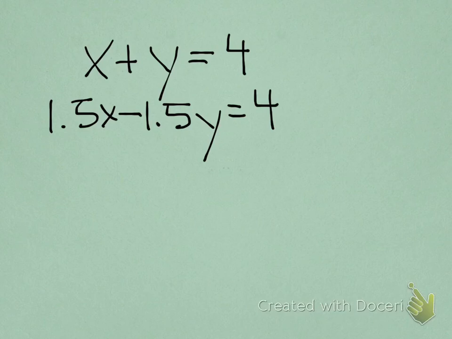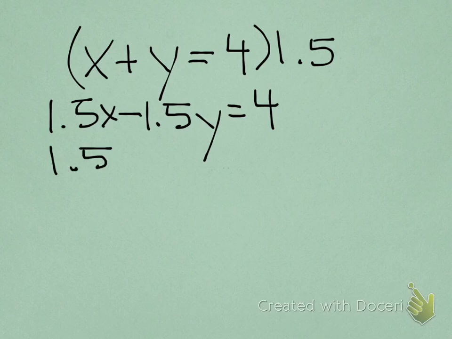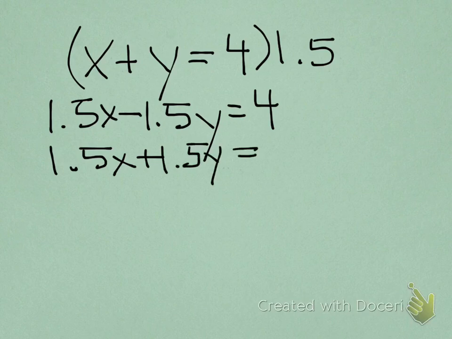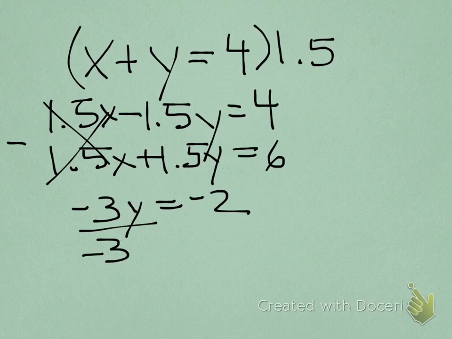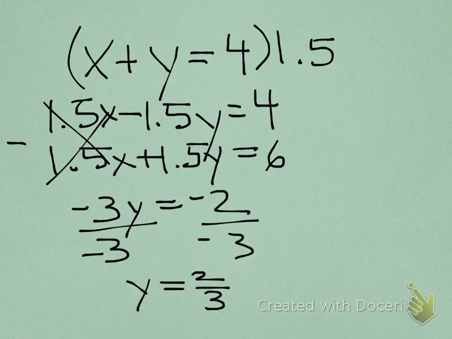So if we set them up like this, we need to multiply the top one by 1.5 to be able to eliminate. So I multiply the top one by 1.5. And then let's say we're going to eliminate the x's, so we would subtract. So that gives us negative 3y equals negative 2. So y equals 2/3. And then we plug it back into one of the original equations.